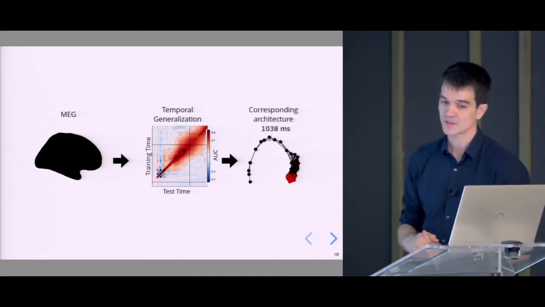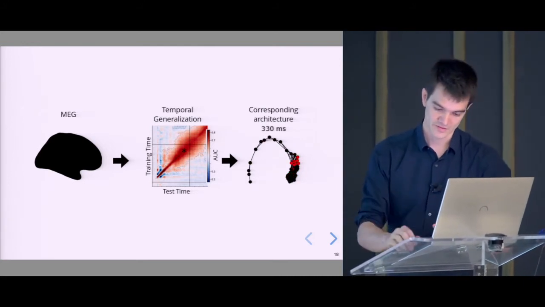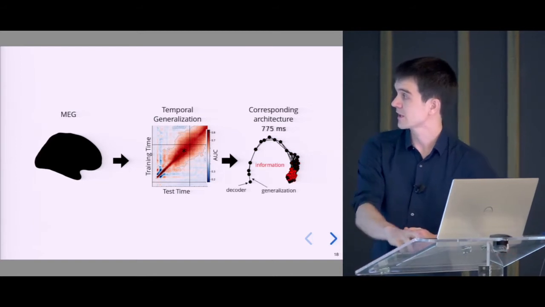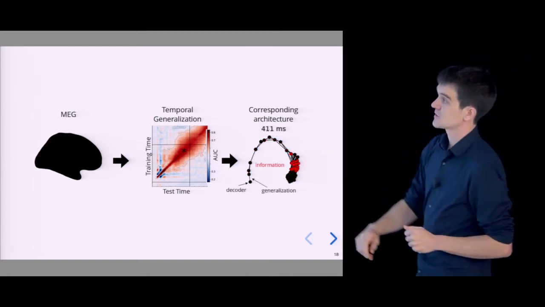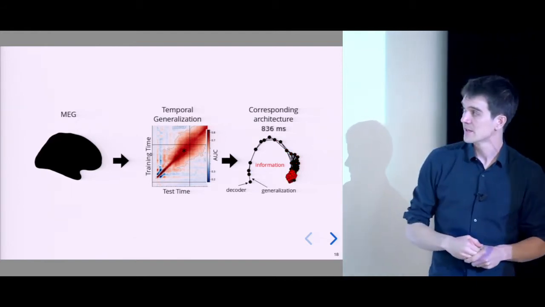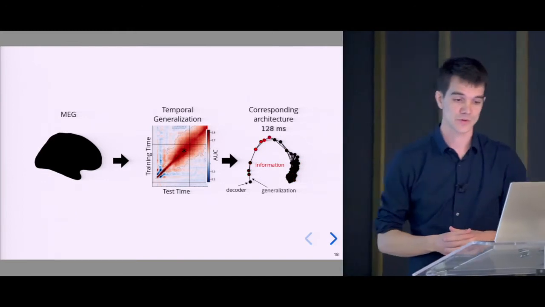Plotting the very same matrix now, this is just a plotting trick, there's no analysis there, you can see that each dot corresponds to a classifier, to a decoder. The edges correspond to the classifiers that significantly generalize with one another.